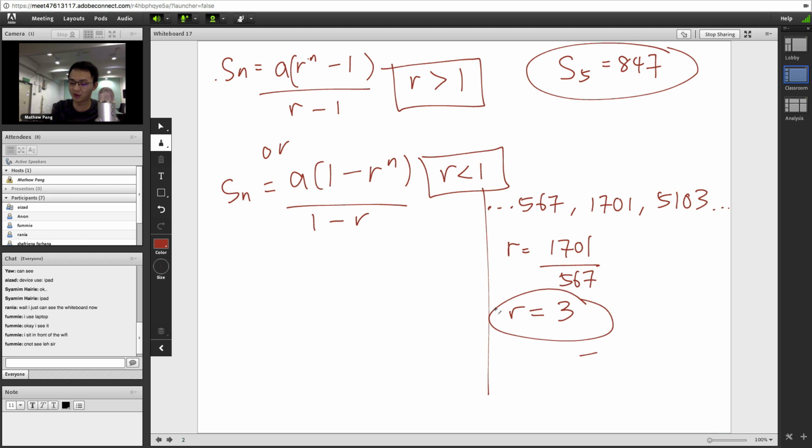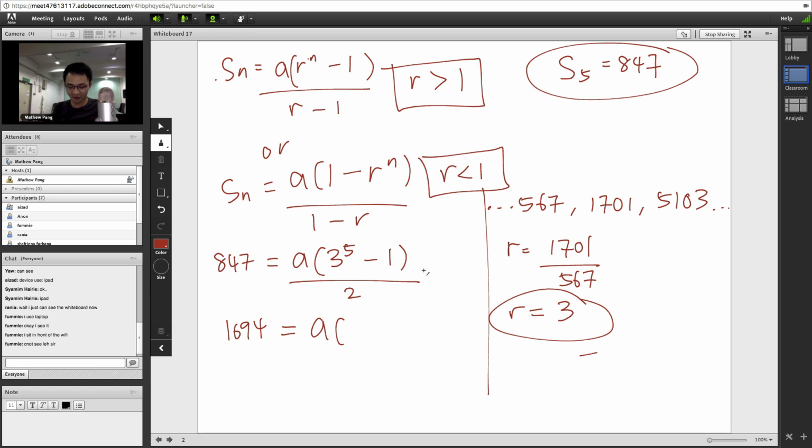So I will just substitute everything I have here. 847 equals a is unknown, r is 3, n is 5, 3 to the power of 5 minus 1 over 3 minus 1, which is 2. Then you just solve this equation and you can easily get the first term a. First, I move the 2 to the other side, so I will get 1694 equals a times 3 to the power of 5 minus 1, which is 242.